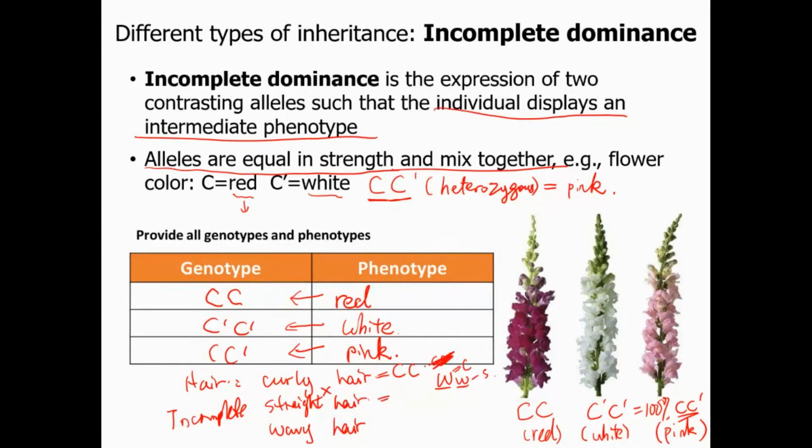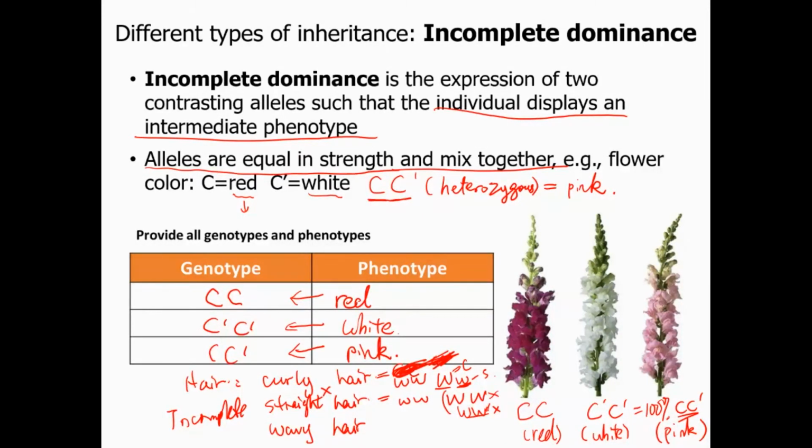All right, now straight hair has to be, oh, I'm using the wrong letters, right? This has to be big W, big W for curly hair, and for straight hair, it has to be little w, right? So can it be big W, big W? No, that's curly hair. Can it be W prime? Nope, because W prime will be an intermediate trait, an intermediate phenotype.